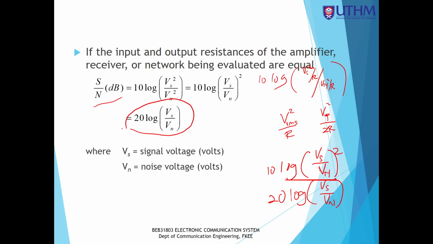Don't use 10 log, otherwise you will produce a wrong answer, because this is a voltage ratio. Remember in chapter 1, a few slides at the end show the decibel for power ratio, voltage ratio, and current ratio. It's similar for current. Current also uses 20 log of Is over In.